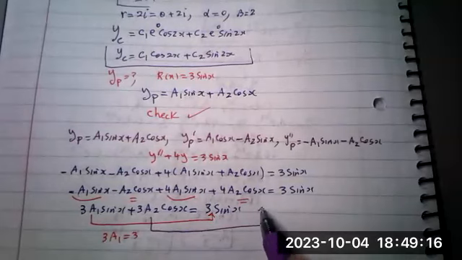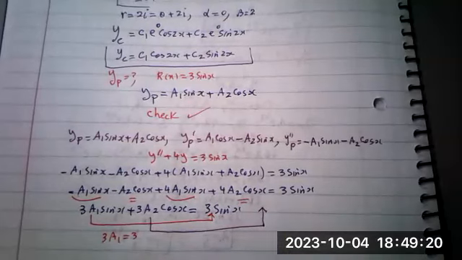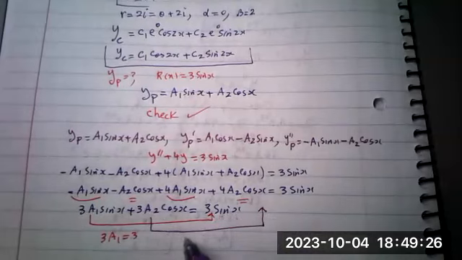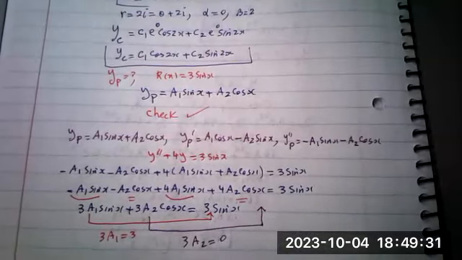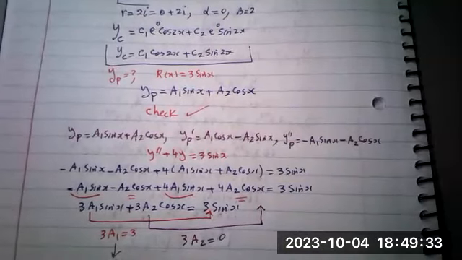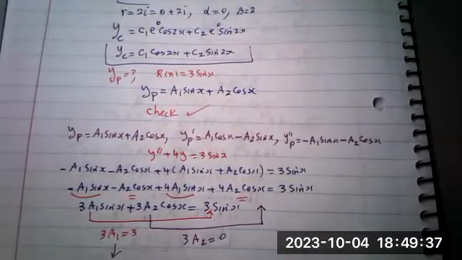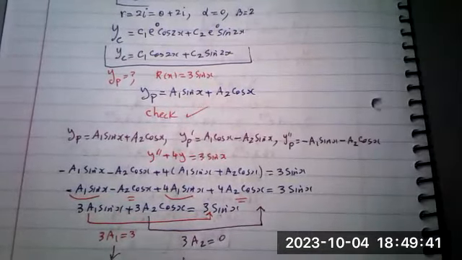You can think about it as the coefficient of cosine being 0, like 3 sine x plus 0 cosine. So you get 3A2 equal to 0. From the first one, A1 would be 1, and from the second one, A2 would be 0.